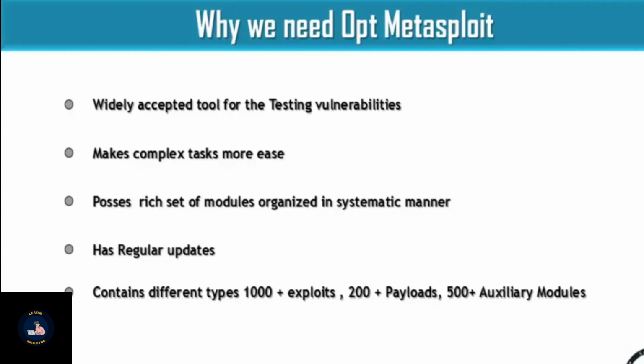If you open up the Metasploit framework, by default it loads with more than 1000 exploits, 200 payloads, and 500 auxiliary modules. However, we will be using most of the exploits with different combinations of auxiliary modules and payloads for exploiting the target vulnerabilities in our videos.